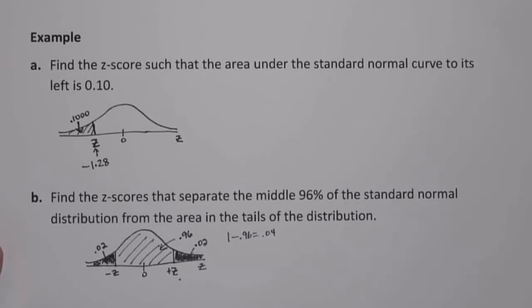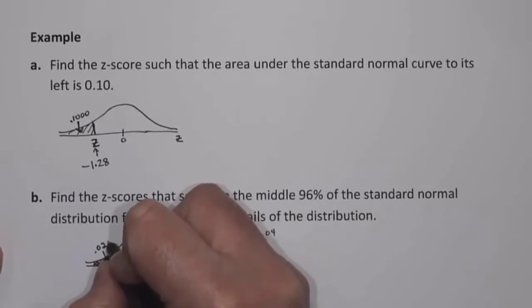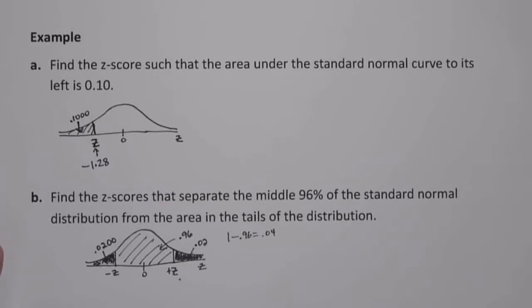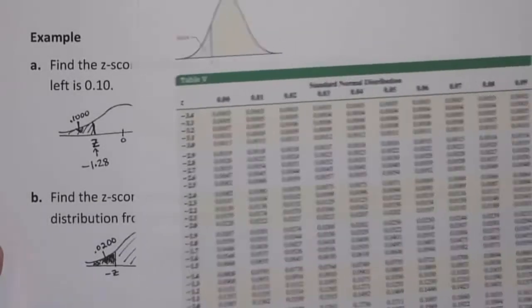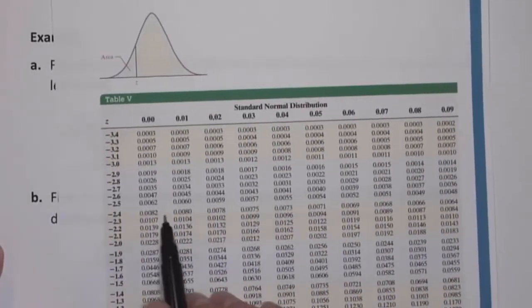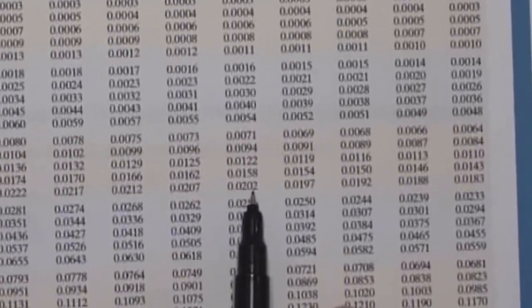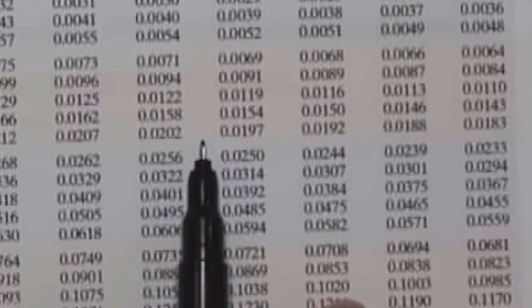Again, I'm going to use the standard normal table, and before I pull that in, I'm going to be looking at 0.02 as 0.0200. So I'm going to be looking inside the table to find 0.0200, or the closest thing to it. 0.0202 is right here, and 0.0197 is right here. So 0.0200 would be in between these.